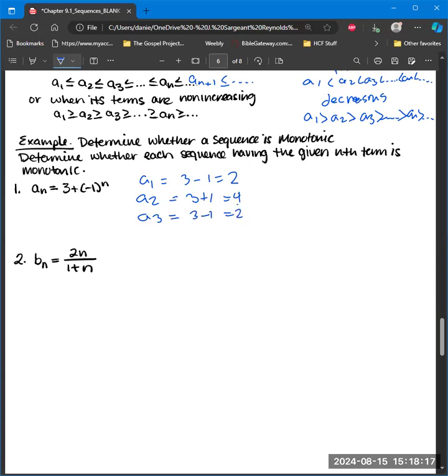And you see it's increasing, then decreasing, then increasing, then decreasing, and so on. So this is 2, 4, 2, 4, and so on. So this is not monotonic.